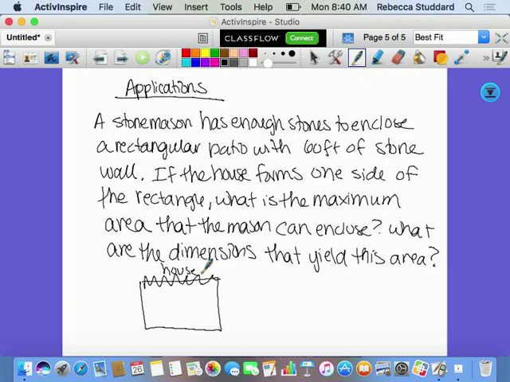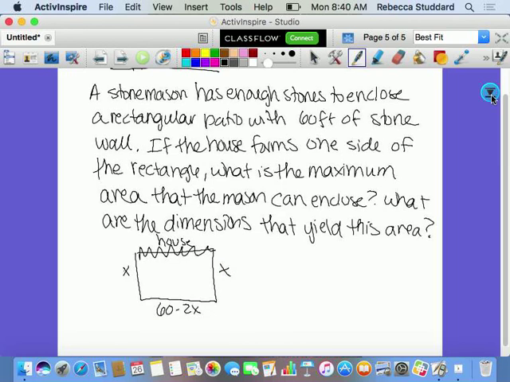All right, if we let this side be x, then what's this side? X. And what's this side going to be? Remember, we have 60 feet. 60 minus 2x. Okay? So we had 60 feet, but we had x here and x here. So what's left is 60 minus 2x. So what's going to be the area?